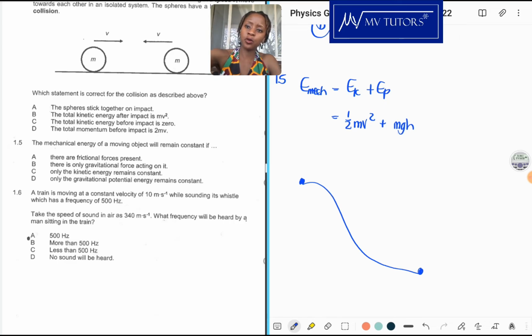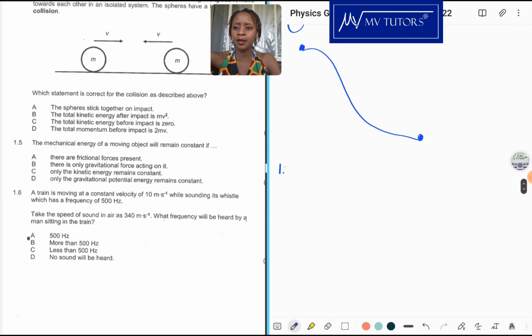If you look at your formula, yes, the only force acting on it is gravity. C, only the kinetic energy remains constant. No, both kinetic and potential energy are involved. Only the gravitational potential energy remains constant? No. So the answer that we're going for would be B.